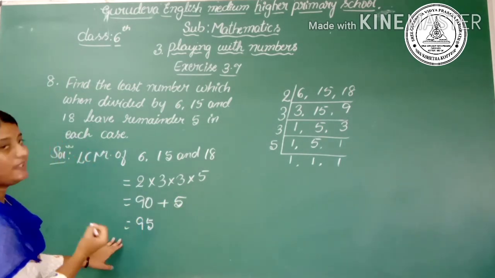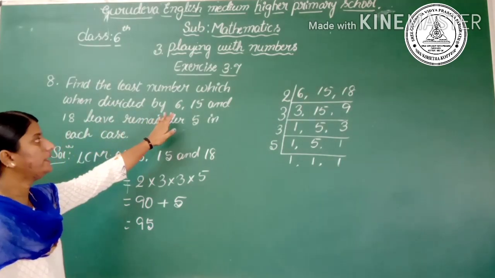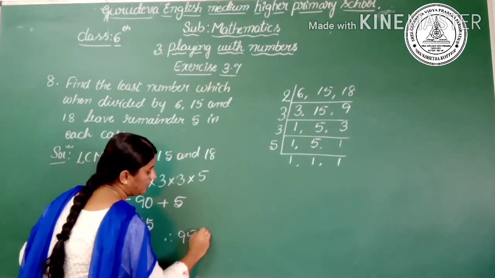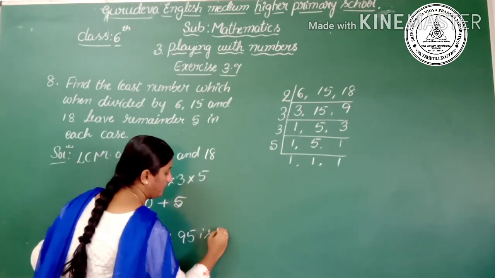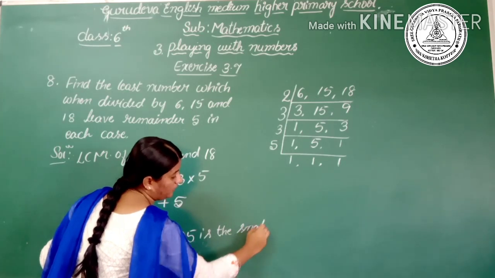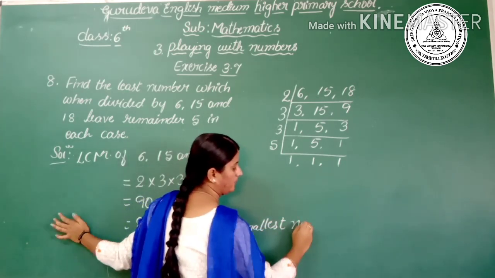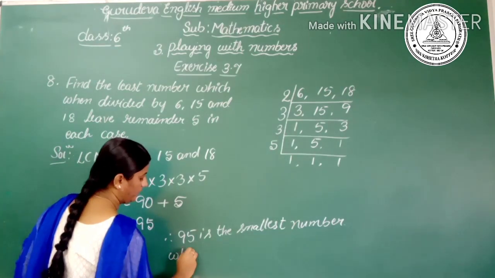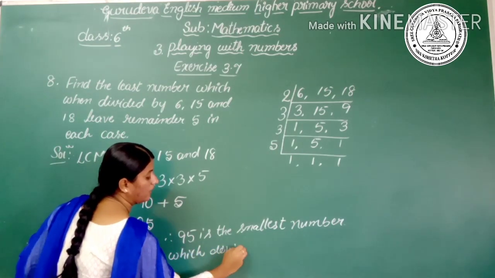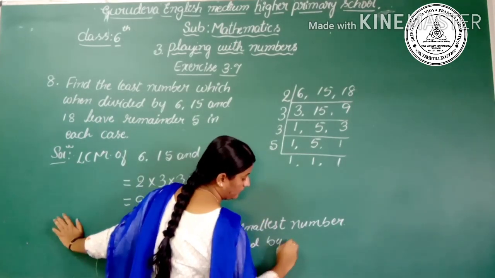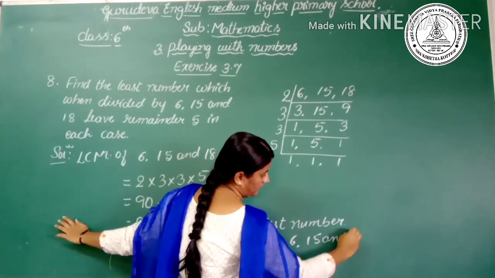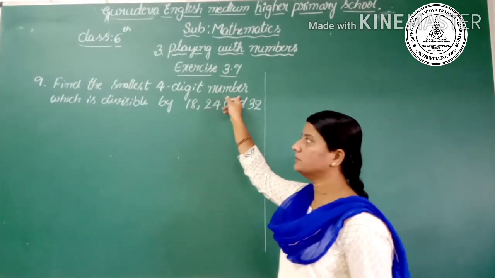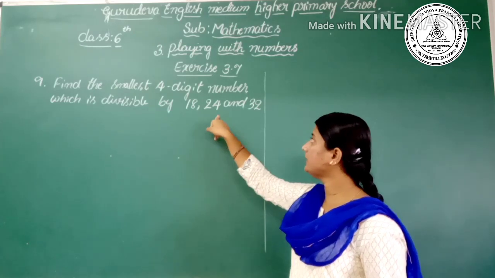So 95 is the least number which, when divided by 6, 15 and 18, leaves remainder 5. Therefore, write down here: 95 is the smallest number which divided by 6, 15 and 18.